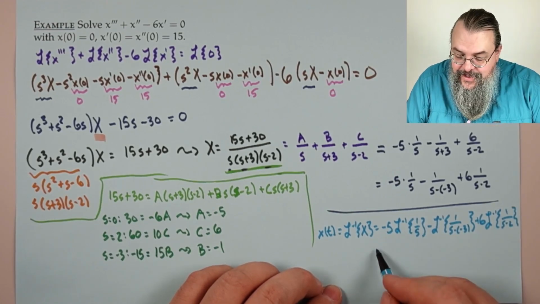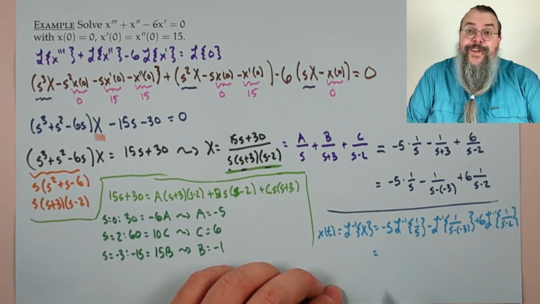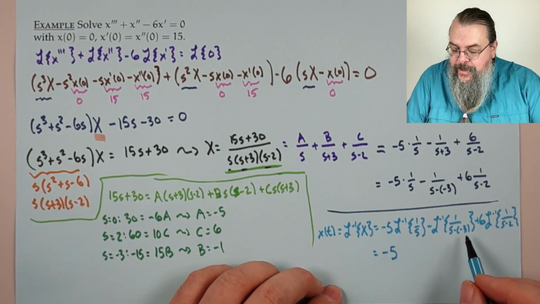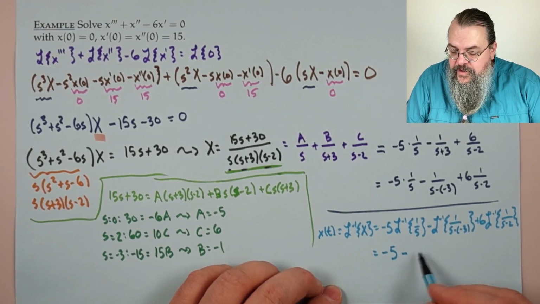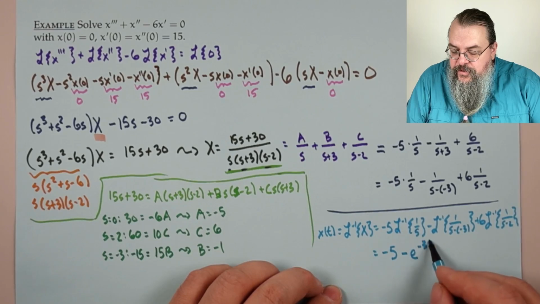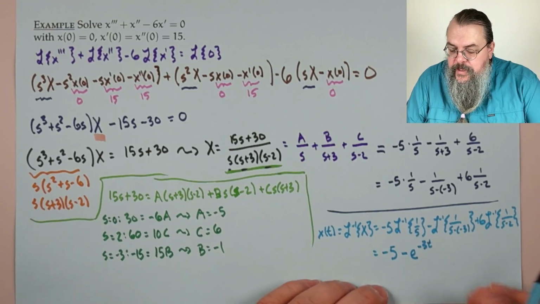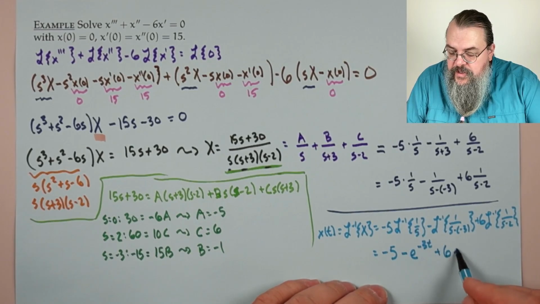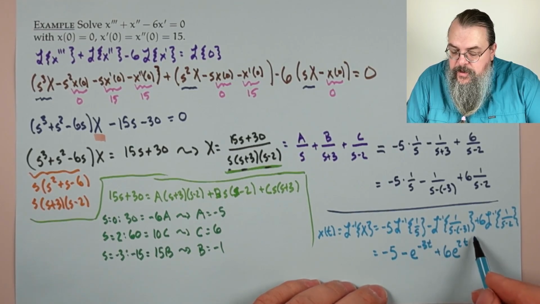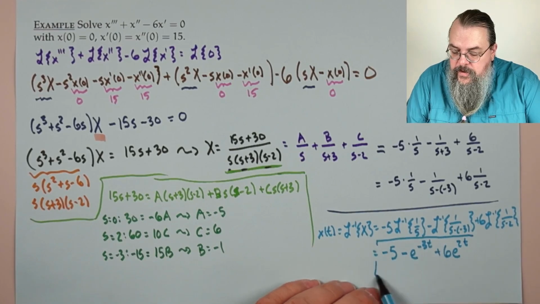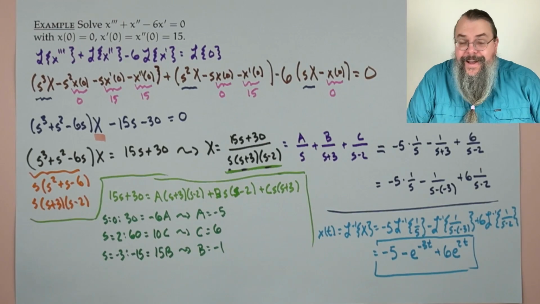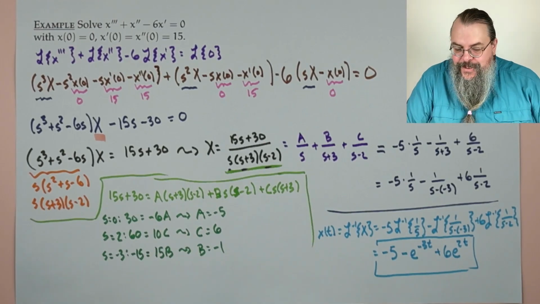The inverse Laplace of 1 over s is 1, so negative 5. Then minus the inverse Laplace of 1 over s minus 3, which is e to the 3t, and the inverse Laplace of 1 over s minus 2 is e to the 2t. There we go. That's our answer. Nice. Good job, us.